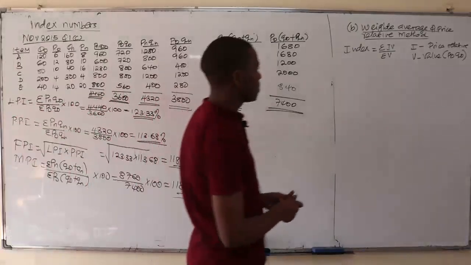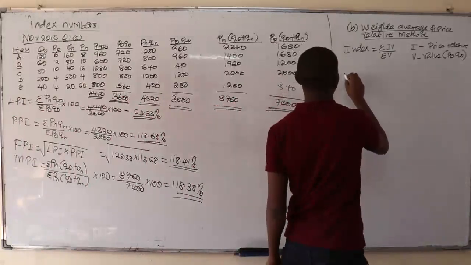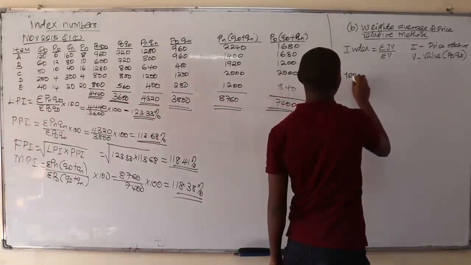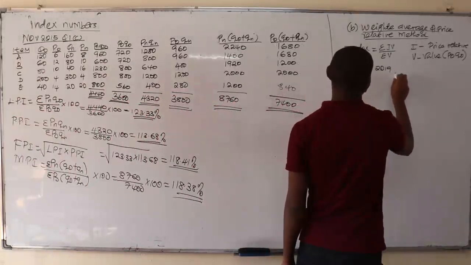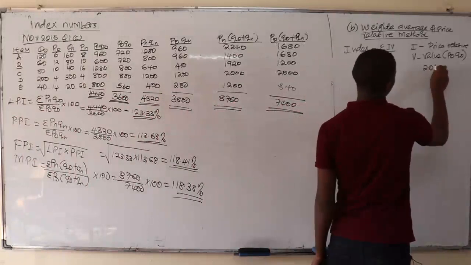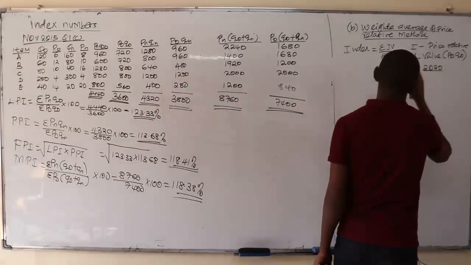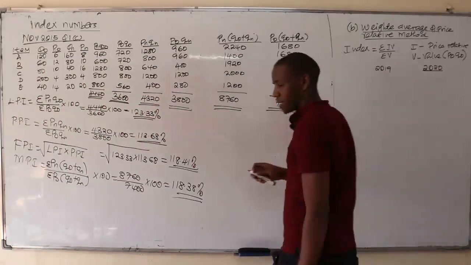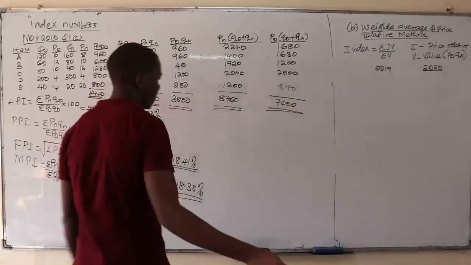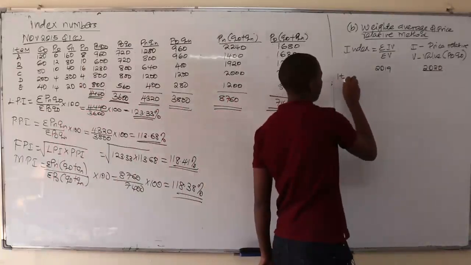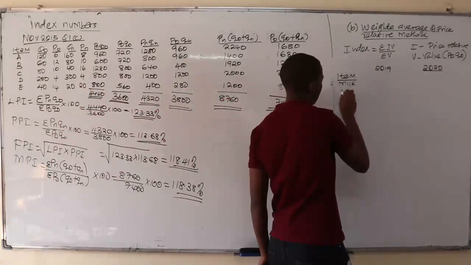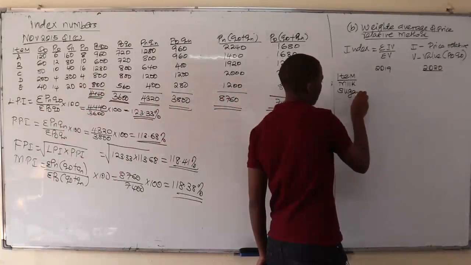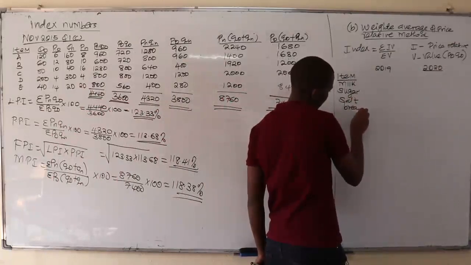So in this case, we'll have the year 2019 and also the year 2020. Let's say we have the items: milk, sugar, salt, and then the bread.